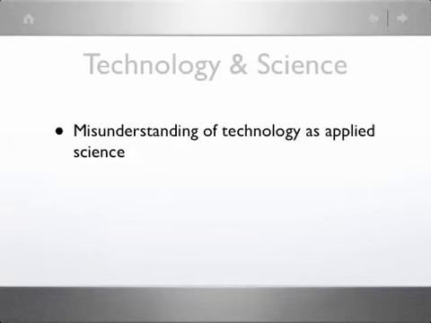Technology is sometimes referred to as applied science. In other words, the principles of science and the knowledge that is gained through science is applied, the somewhat theoretical knowledge that is sometimes gained by science is applied in practical situations. And that is one way in which technology has been described or understood.